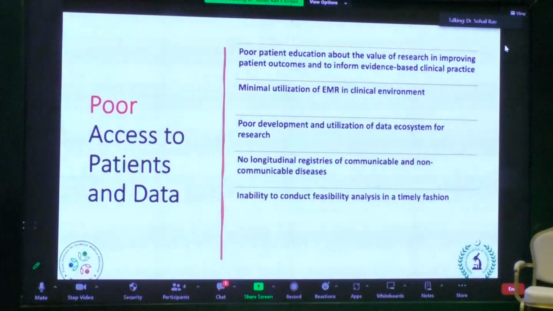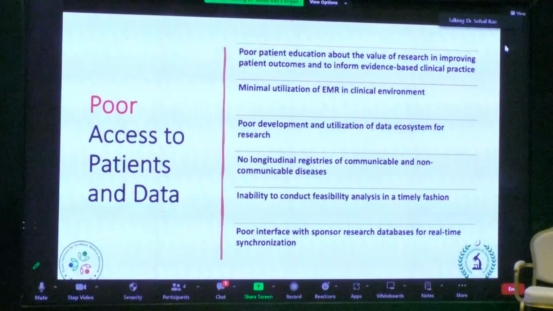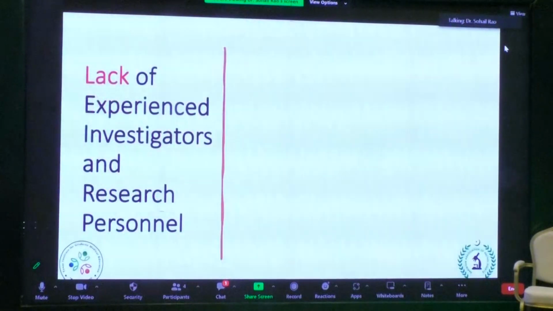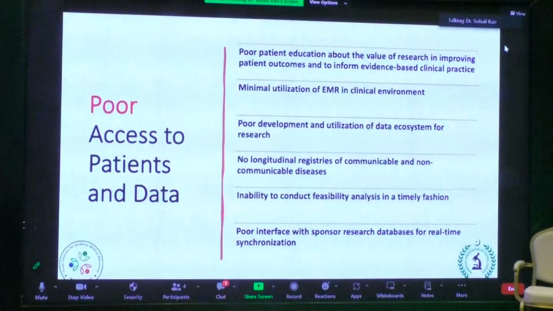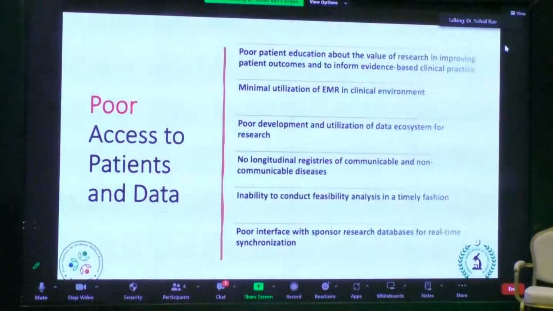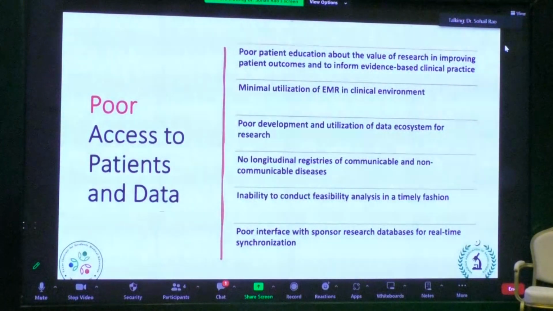And as I said, it's difficult to do feasibility analysis in a timely fashion. And last but not the least, we have poor interface with sponsor research databases for real-time synchronization. Even today, some of the studies happening in Pakistan are faxing or sending PDF documents of research database of treatment data. And that creates a little bit of a problem for organizations here in the United States.